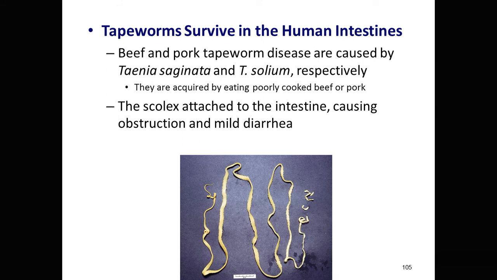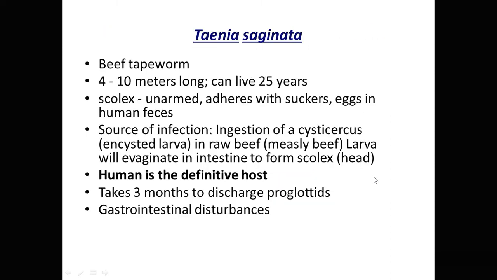Usually the larva is consumed, and from the larva the big worm grows, the head attaches to the intestine, and then the worm grows. The beef tapeworm is quite big, can reach up to 10 meters, and can live for 25 years. So it has a head and it has proglottids, of course.